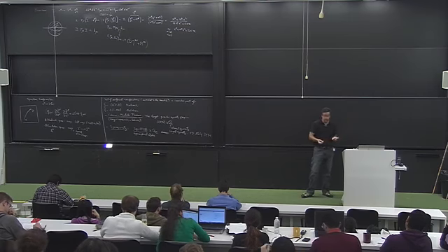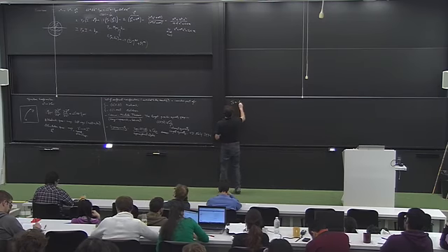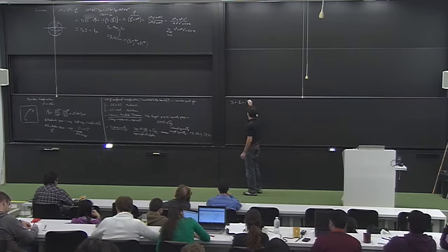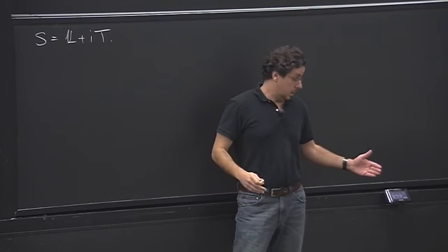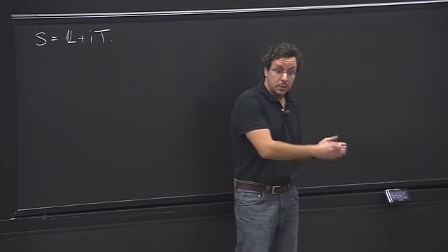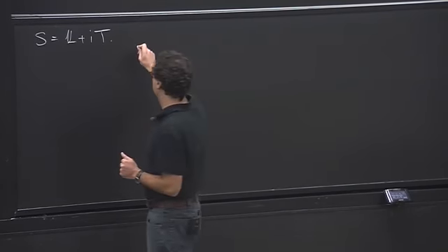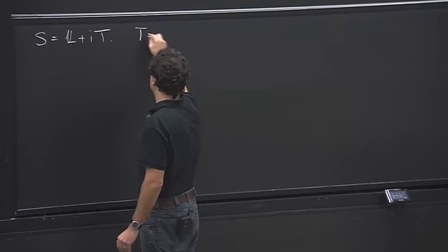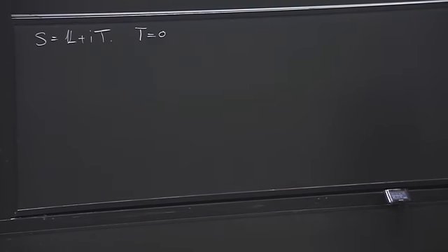Usually we write the S matrix as not doing anything plus some non-trivial transition amplitude that tells you how you have a non-trivial overlap between 2 different sets of initial and final states. For a trivial theory, by triviality here I mean theories that have T equals 0. So you just have the identity. There is no dynamics, essentially.